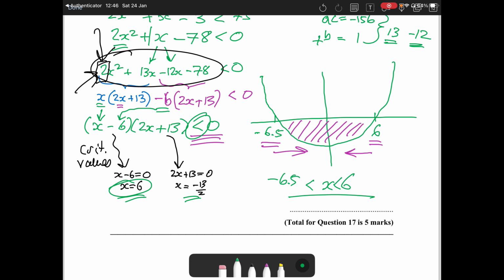The mark scheme says this. Let's try and work out, sometimes the mark scheme gets it wrong, or I may have not read a detail at the end. So the mark scheme's saying this, I'm saying this. The number on the right's the same, but the number on the left's wrong.